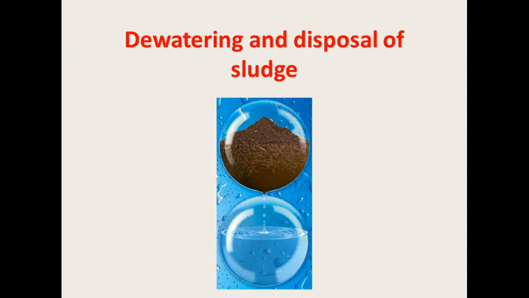So various types of materials, like chemicals, or thermal treatment, can be used for sludge conditioning. Which type of chemical can we use?